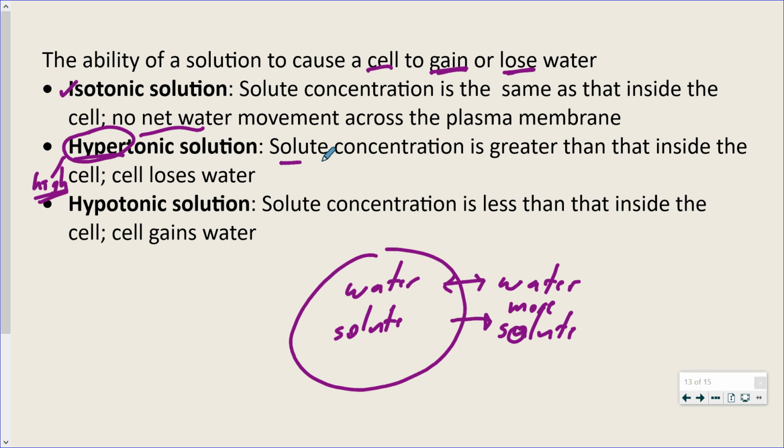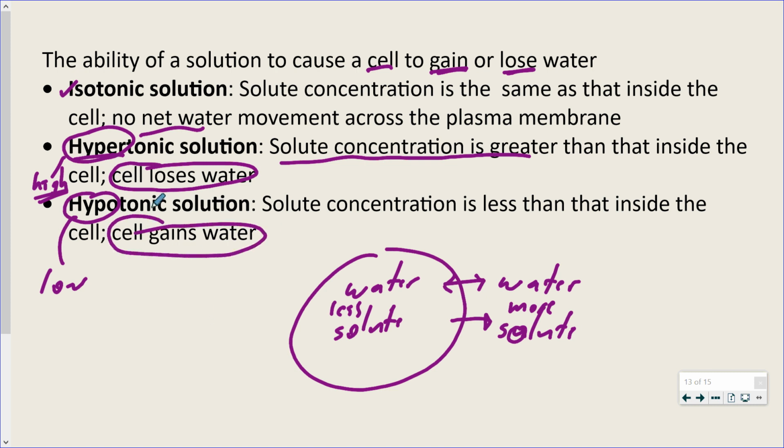So solute concentration is greater than inside the cell. Inside the cell less, outside the cell more. So it's not the solute that's going to be lost, it's the water. So water is going to move out of the cell. Hypo is if you have the opposite. So now this is a low solute concentration, more water. So in this case, the cell is going to gain water.